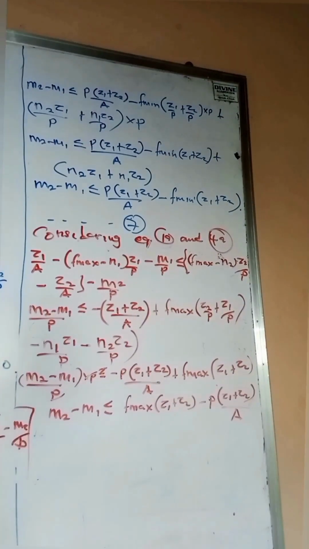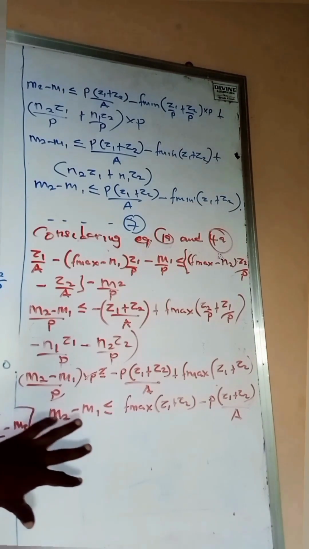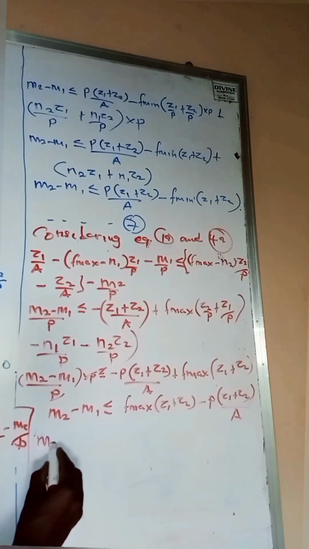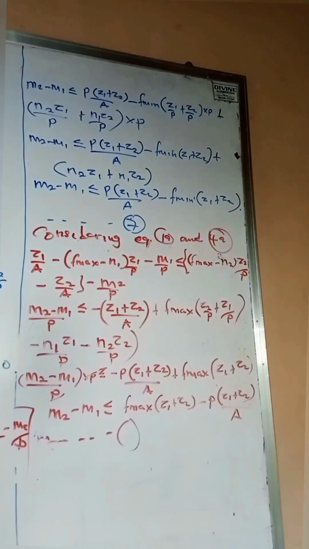Of course, we know that n1 and n2 are assumed to be 0 in the case of a beam, when the structure is analyzed as a beam, so we assume that to be 0. Okay, so we have this as the expression. So this becomes our equation number 8. Let's call this equation 8.